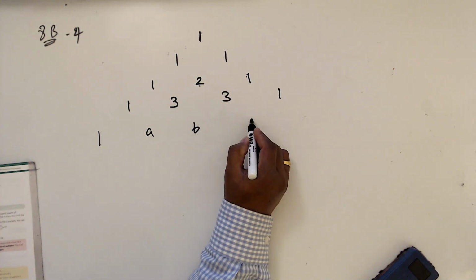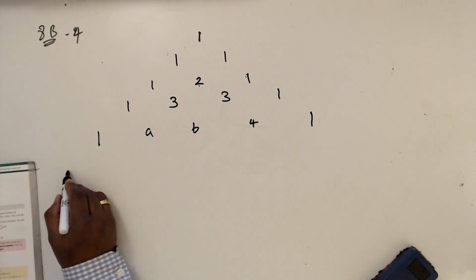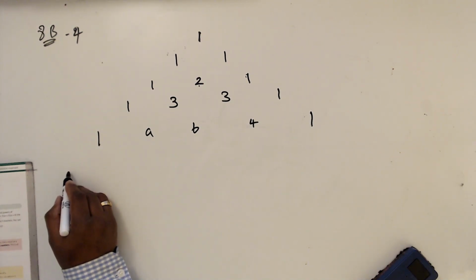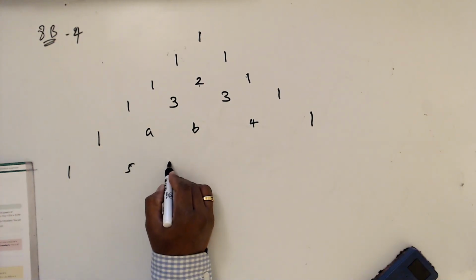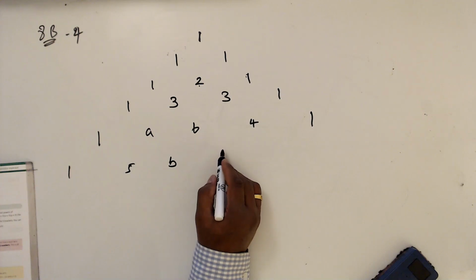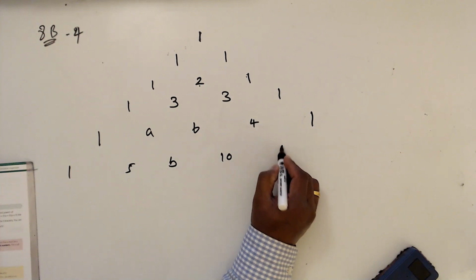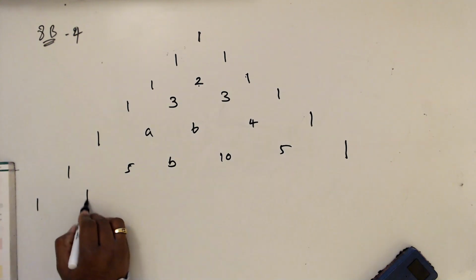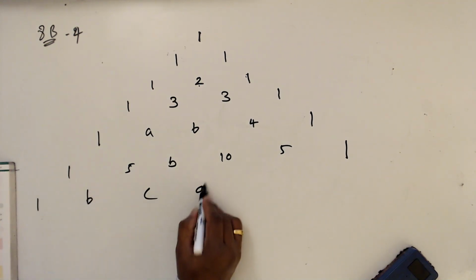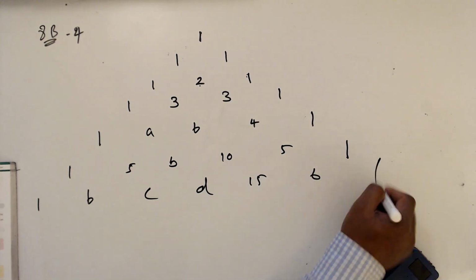This is going to be 4, and this is going to be 1. Then this is going to be 5, 1. This is going to be B, and this is going to be 10, 5, 1, and 1, 6, C, D, 15, 6, 1.